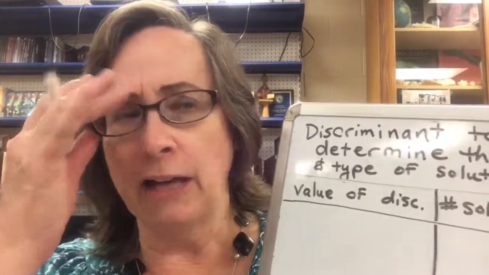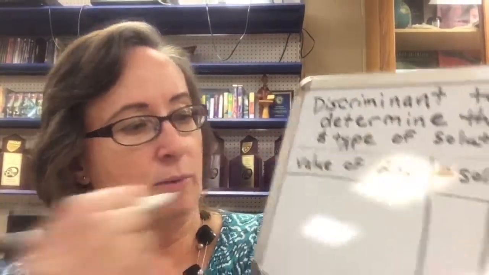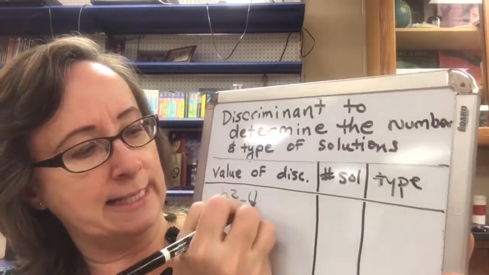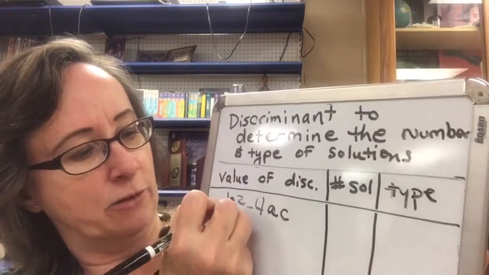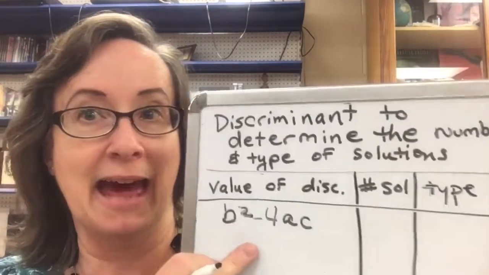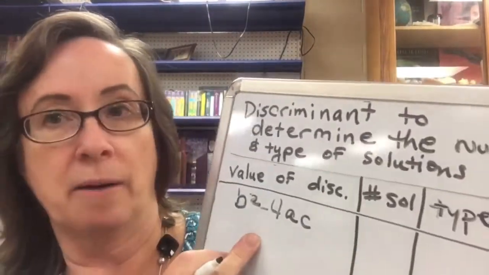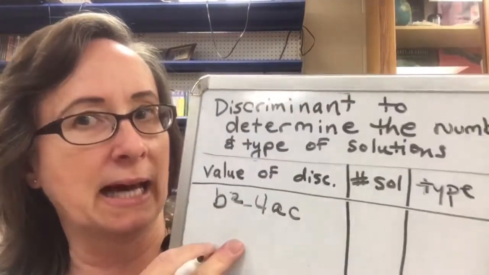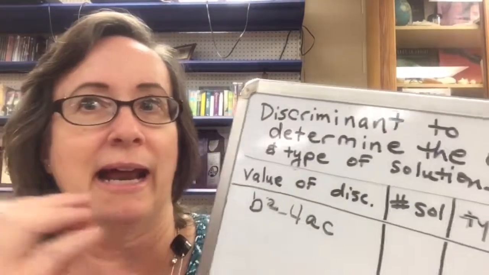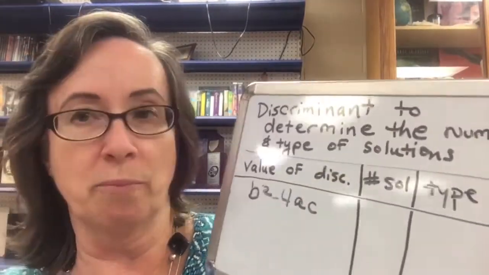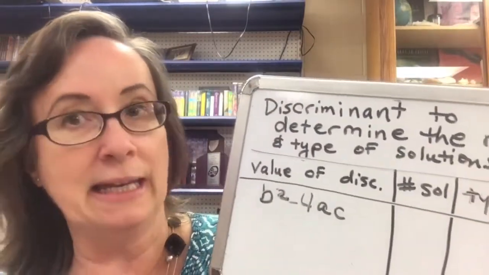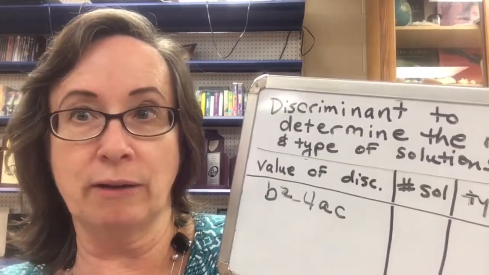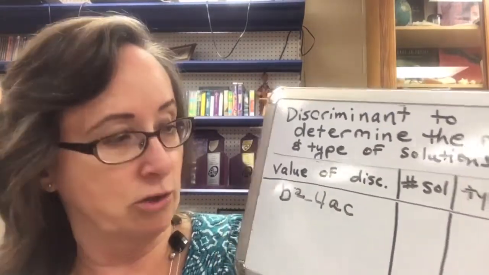So I could check my discriminant, which is b squared minus 4ac, the part that is underneath the radical. I could check that for whether it's positive or negative. If it's positive, then I'm good to go, because I can be assured that I have a real solution to my quadratic equation. But if I am an electrician, I would be okay with complex solutions.